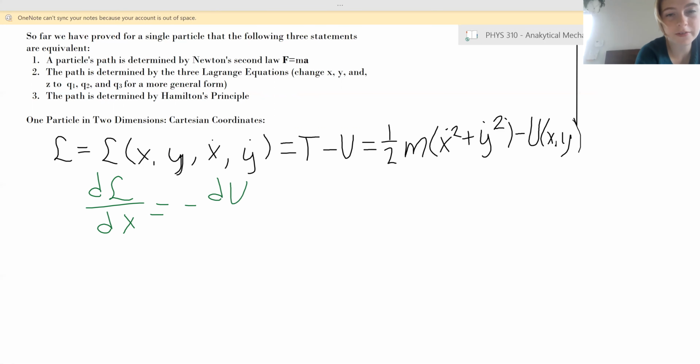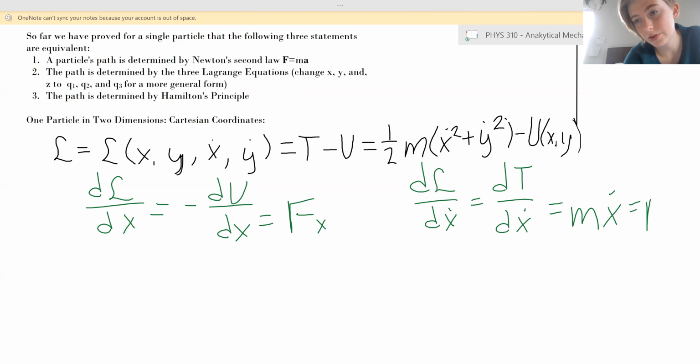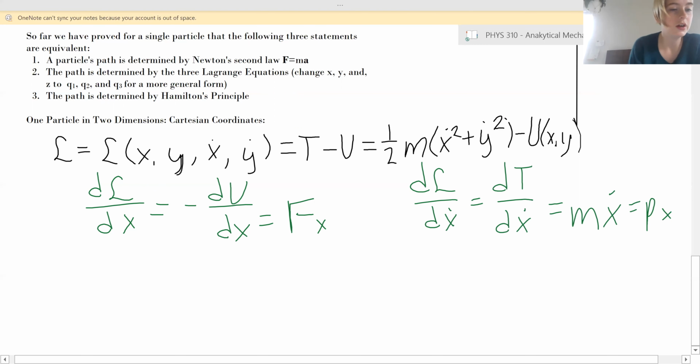So we know that the negative dU/dx is going to be equal to F of x, and we know that the derivative of the Lagrange with respect to x dot is going to be, I'm going to write it out, it's just going to depend on the kinetic energy with respect to x dot, which will just be m x dot, and that's going to be our total momentum in the x direction.